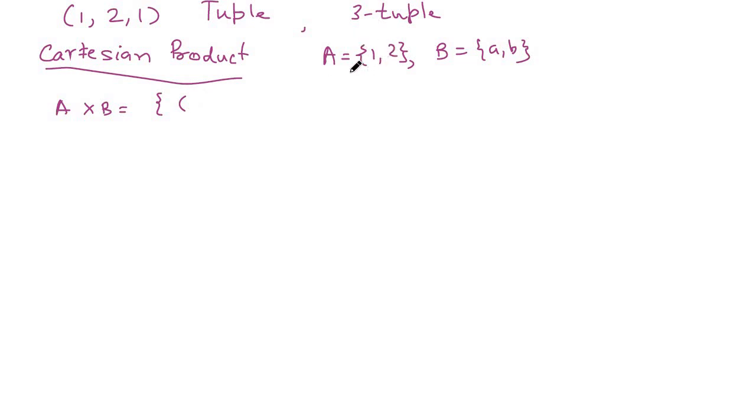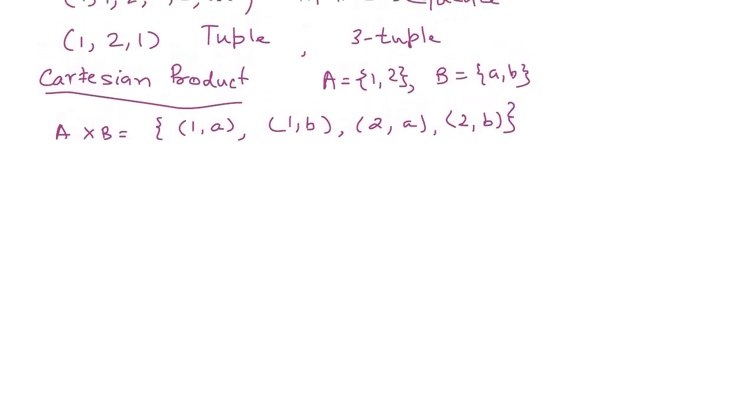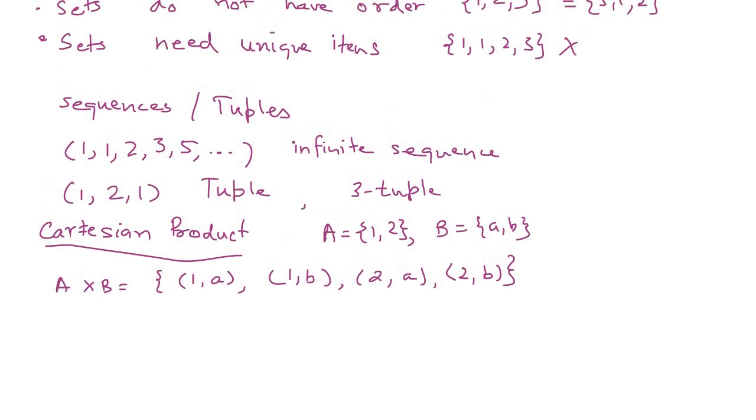The first item is coming from A and the second item is coming from B. Like (1, a), (1, b), all those items which have this pair form will come here. So (2, a) and (2, b). You can also point out that sequences are written with the help of parentheses and sets are written with the help of curly braces.